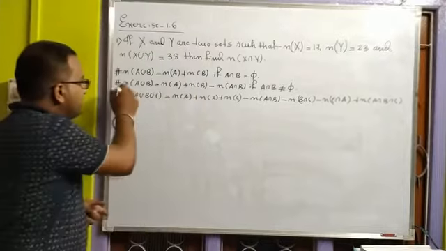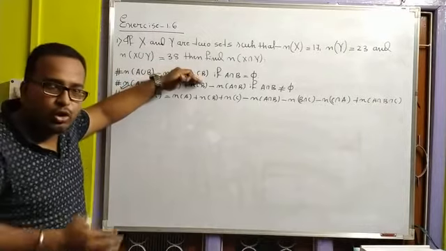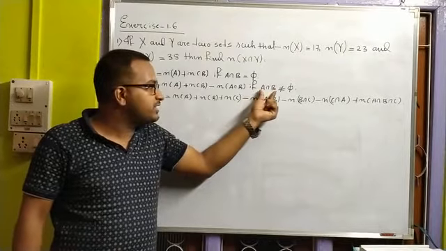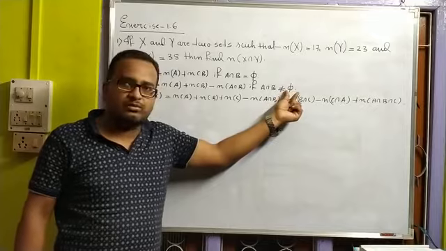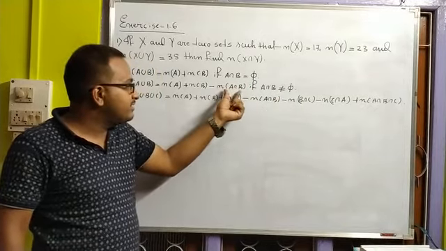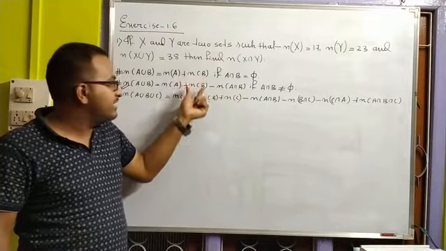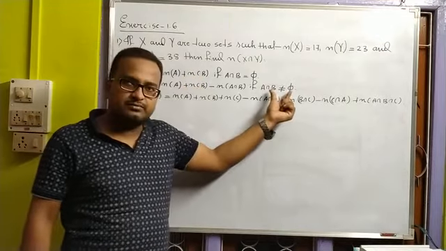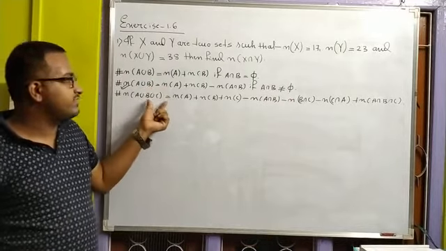I will discuss result number 2, and result number 1 is just a corollary of it. If the intersection of these two sets is empty, the number of elements of the intersection is 0, so this quantity becomes 0, and from this we get the first result. So this result comes from that result by imposing this condition. And the third result is the generalized form of the second.